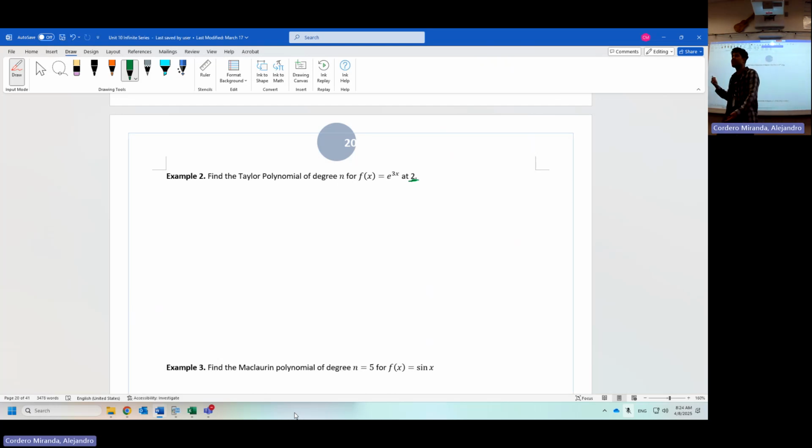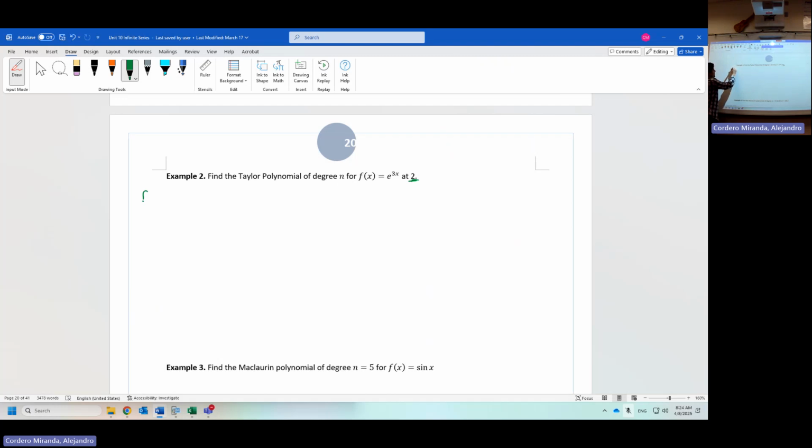Okay, so this one is basically what we just did, because it's e to the something. Now, instead of matching the values at 0, we're matching at 2. So I don't know what this would be off the top of my head. So let's get some values, see some patterns, and then we'll be able to write the nth degree polynomial.